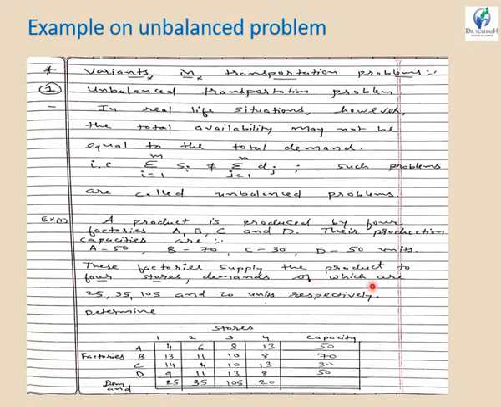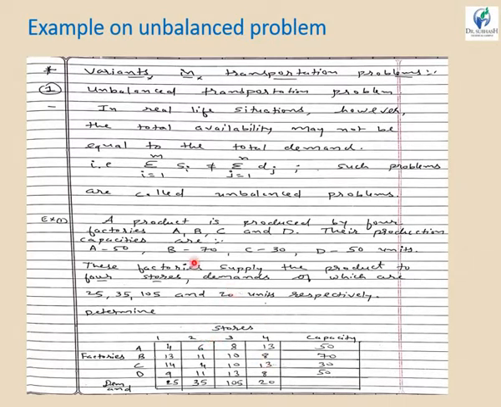Demand of the stores is given. For store 1 it is 25, for store 2 it is 35, for store 3 it is 105, and for store 4 it is 20 units respectively. Determine the transportation cost. So this is the table that is created, or this will be given in the data.